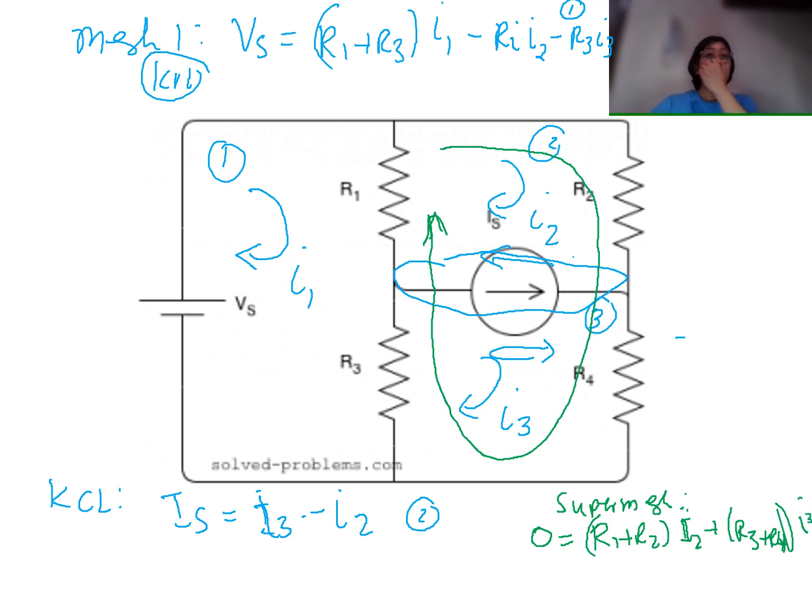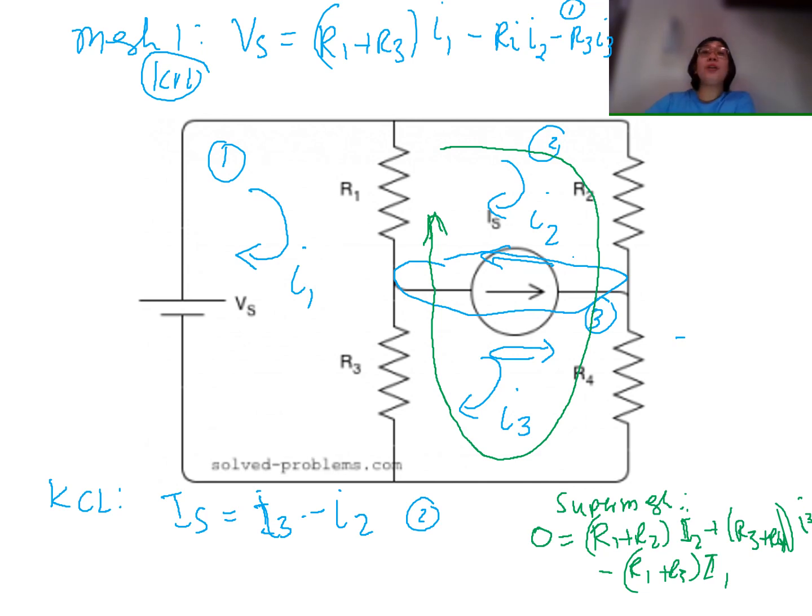But as you can see, both R1 and R3 are shared with mesh number 1, so this is minus R1 plus R3 times I1.